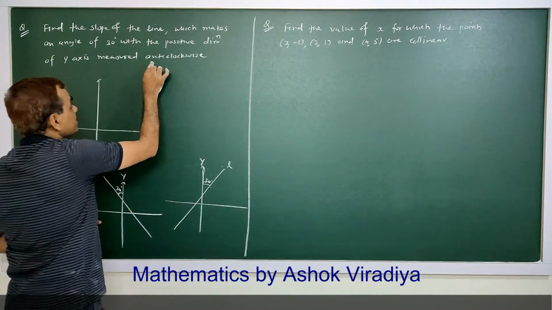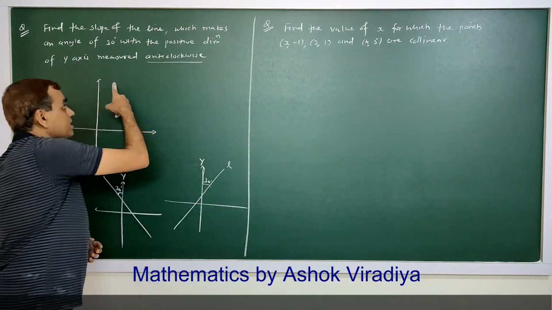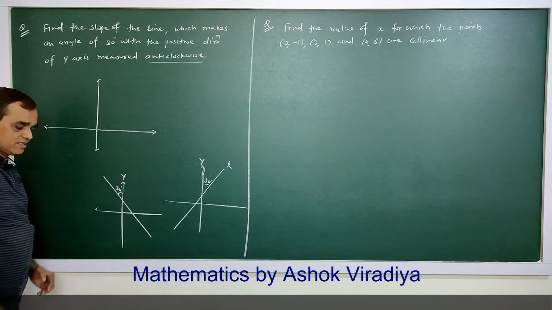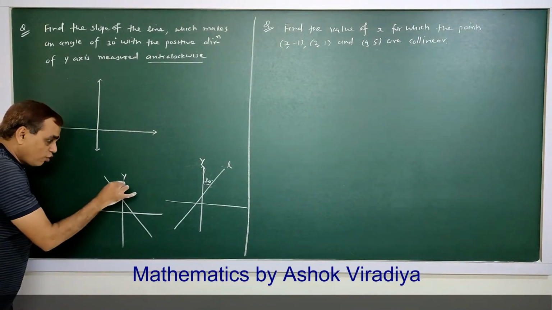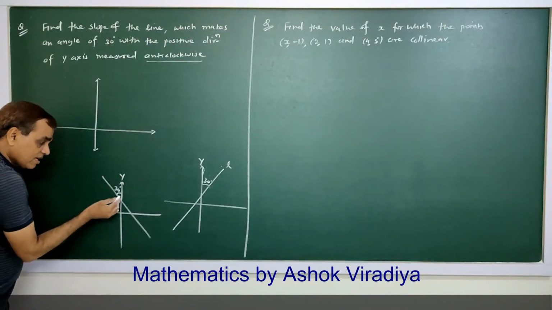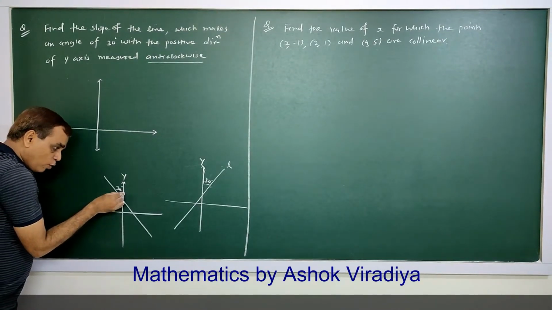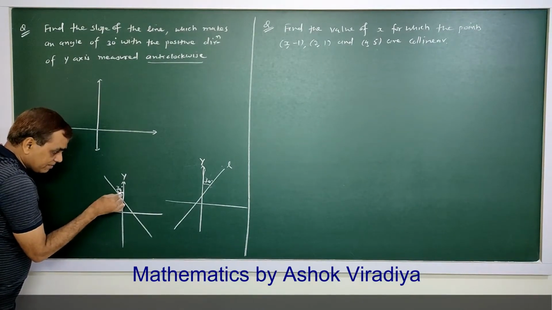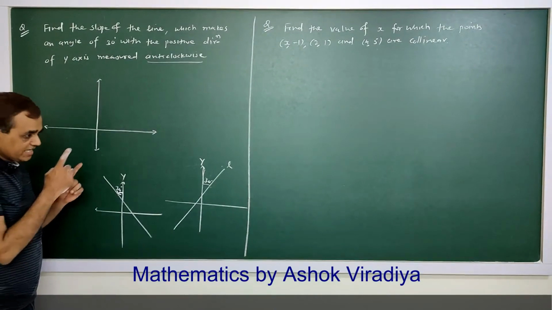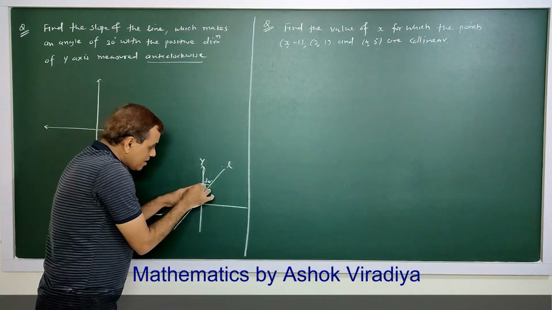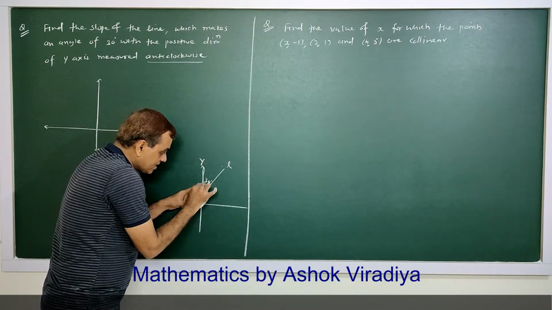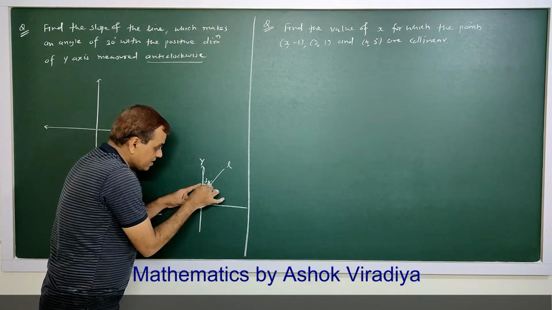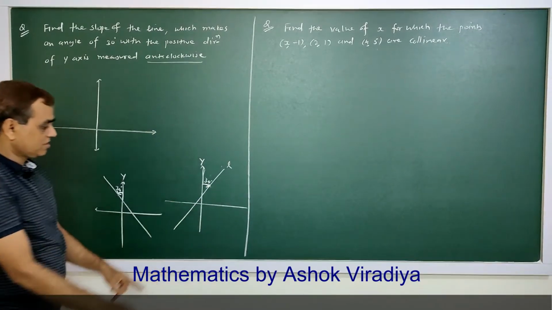Now look, this word is important: measured anti-clockwise. From the y-axis, measured anti-clockwise. So this is the anti-clockwise direction. And in this diagram, from the y-axis, this is measured in the clockwise direction.